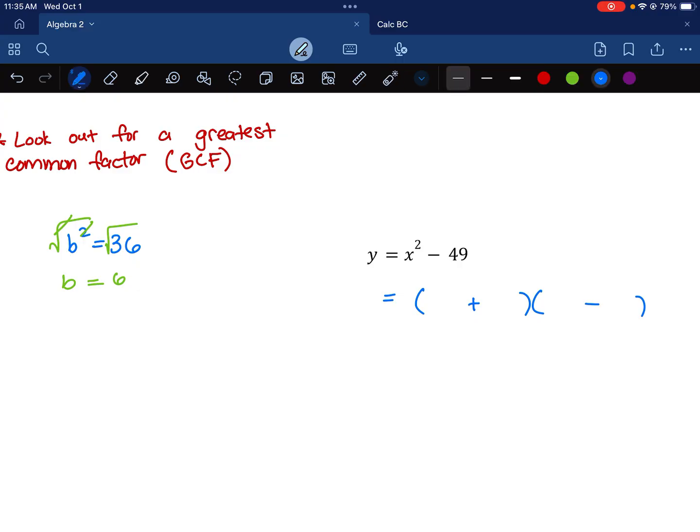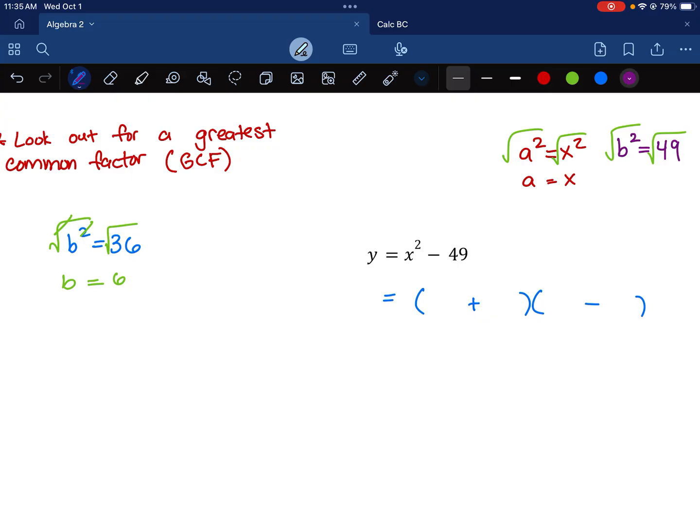So again, let's set up our two little mini equations. a squared equals x squared and b squared equals 49. And we're going to square root both of these. When we square root a squared, that's an a. When we square root x squared, that's an x.